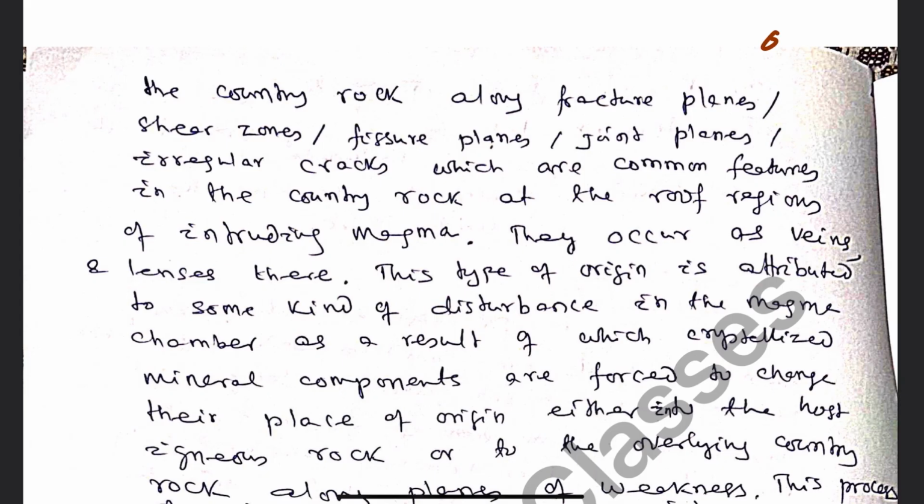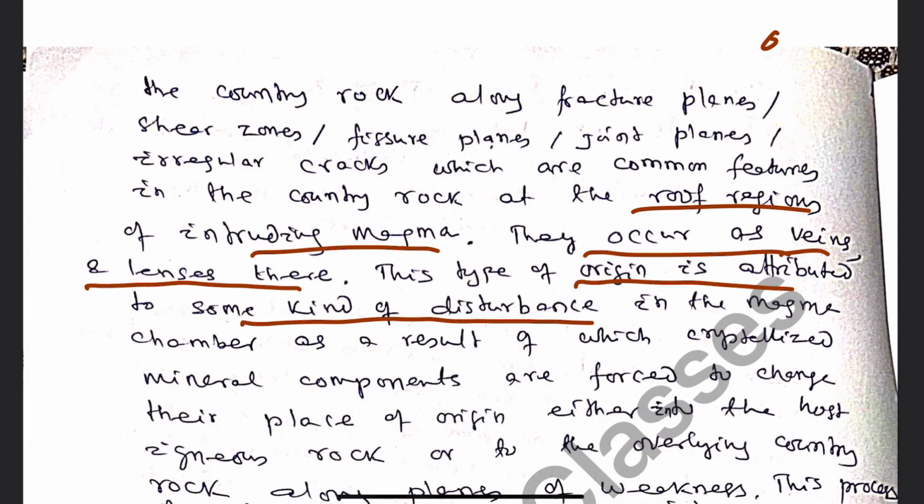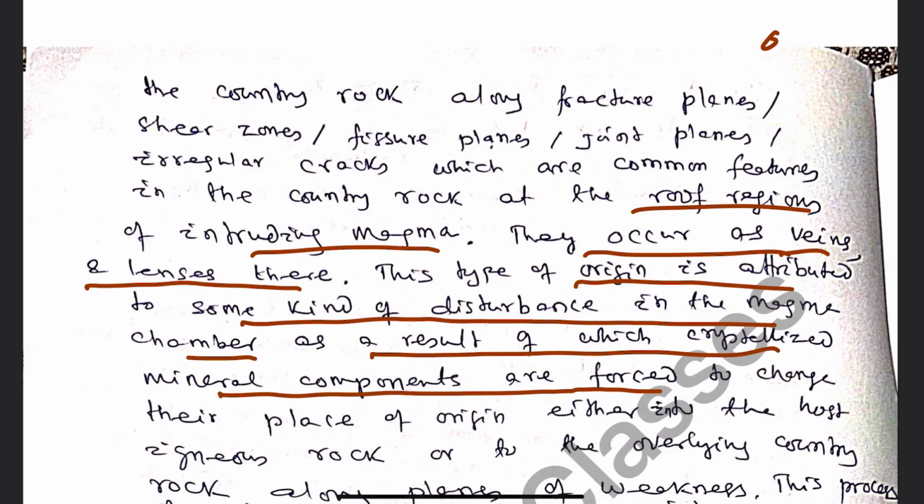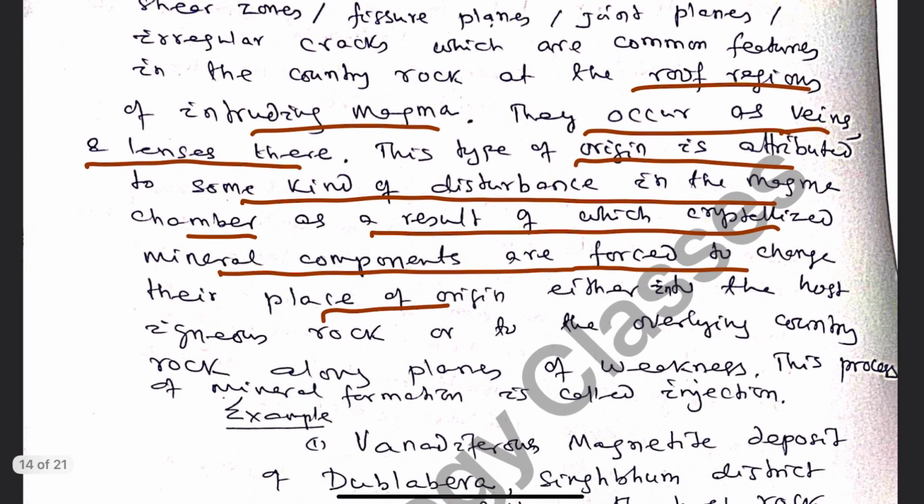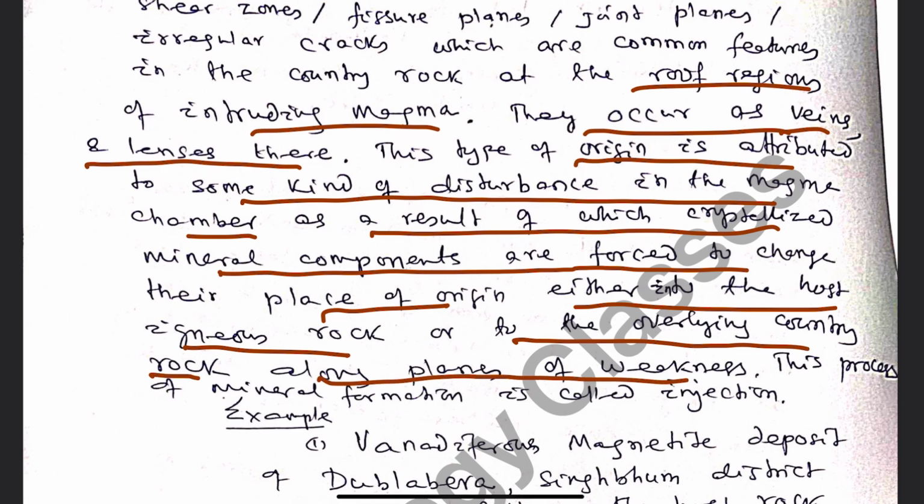So the cracks which are common to the roof regions of the magmatic bodies become the site for accumulation of these injected minerals. The injected minerals form lenses, veins. This type of origin is attributed to some kind of disturbance in the magma chamber, as a result of which crystallized mineral components are forced to change their place of origin either into the host igneous rock or to the overlying country rock along planes of weakness.